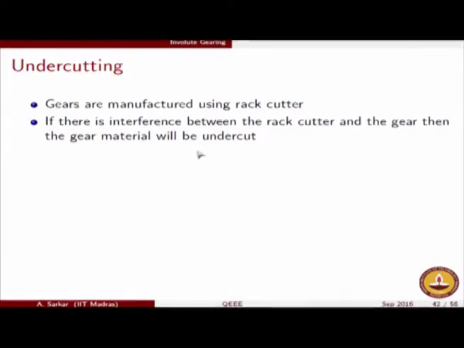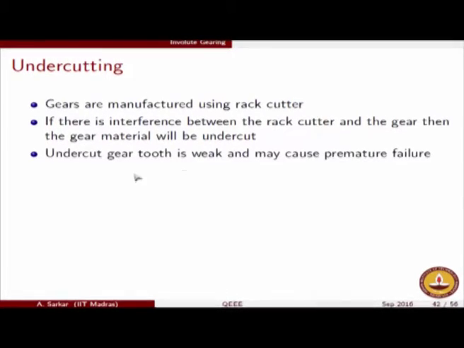As a result, there will be rapid wear, and that rapid wear is not because of two gears, but rather wear between the cutter and the gear. That phenomenon we give a special name, undercutting, and as a result the gear tooth will be weakened and may cause premature failure.